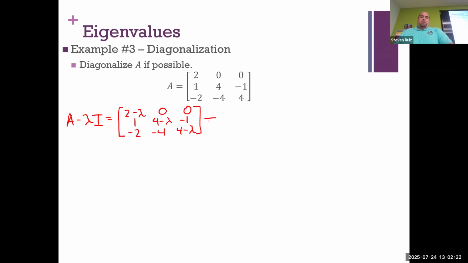How do I find the determinant of this thing? We've got to expand it. We have some choices. How would you like to expand it? Row 1, how come? There are 2 zeros up there to take advantage of. So we expand by minors off of row 1.